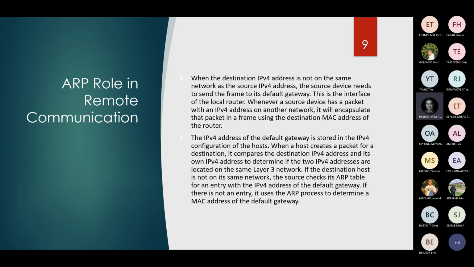So here, the destination IP address is on a remote network. And therefore, to be able to get there, you need to go through the default gateway. And therefore, ARP's job is to find out this MAC address, 000C, for those of you who have NetAcad in front of you.